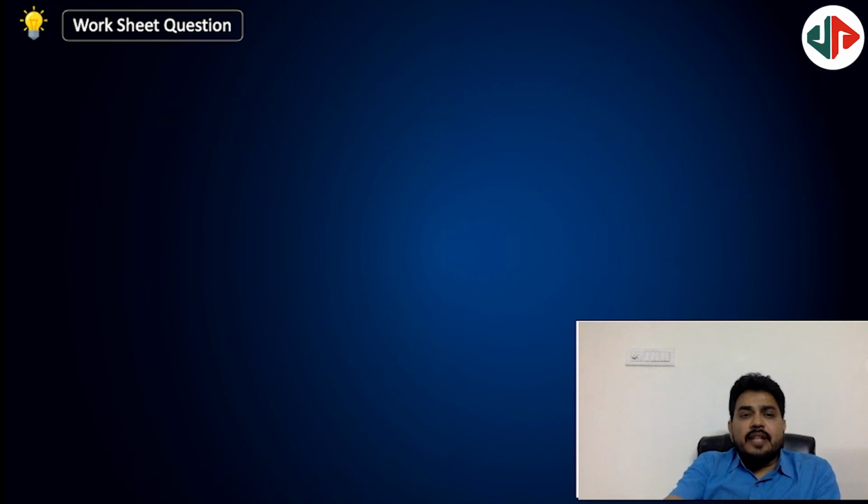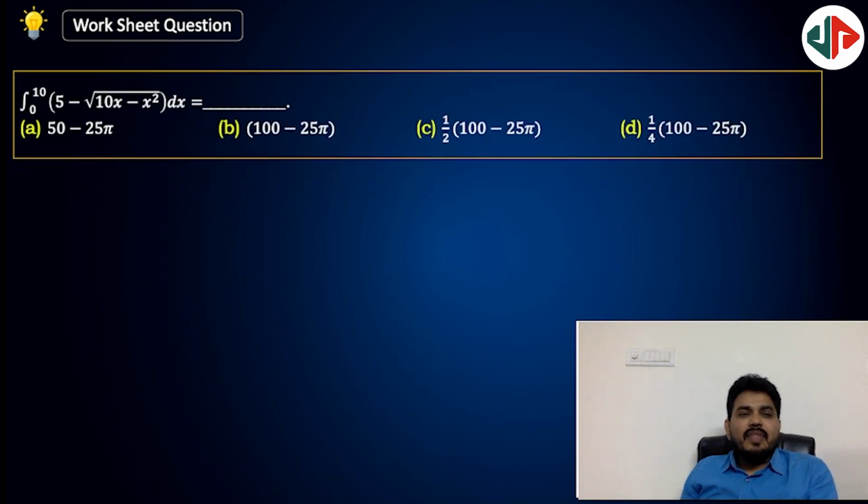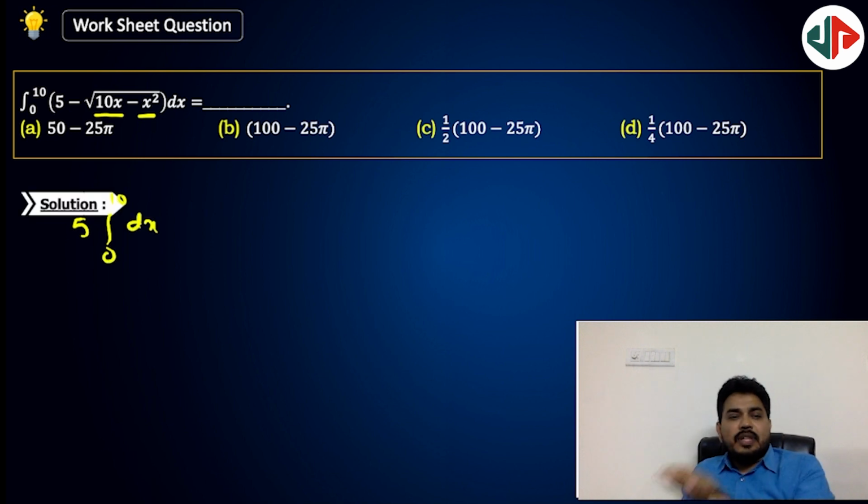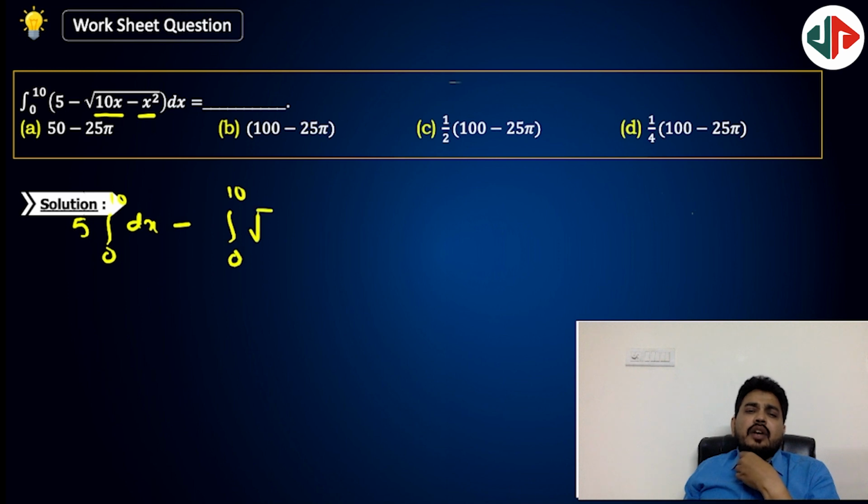Next question is the integral 0 to 10 of 5 minus root over 10x minus x square. What is the value? Maybe you can write 5 times the integral 0 to 10 dx, there is no doubt about that one, minus the integral 0 to 10 of root over 10x minus x square.